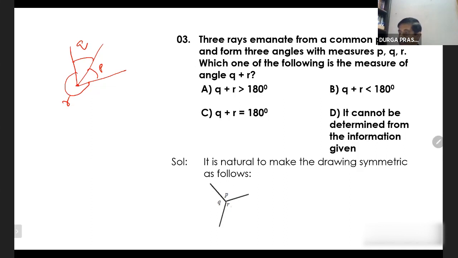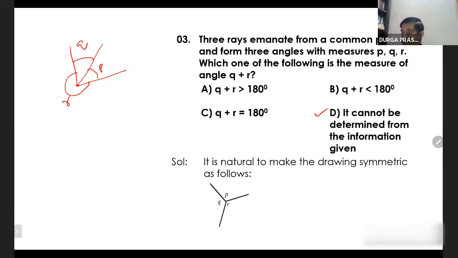So what is the value of Q plus R? So if you look at this diagram, Q plus R is something this way. If you look at this angle, Q plus R is this. So total angles is 180. So I cannot tell whether it is greater than 180 or less than 180 or equal to 180. Therefore, it cannot be determined from the information because something more should be given. Like if I say P is 180 degrees, then Q plus R is 180.